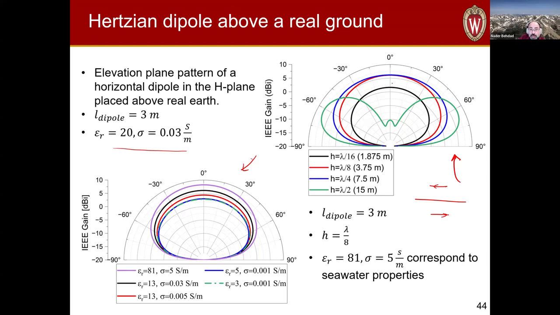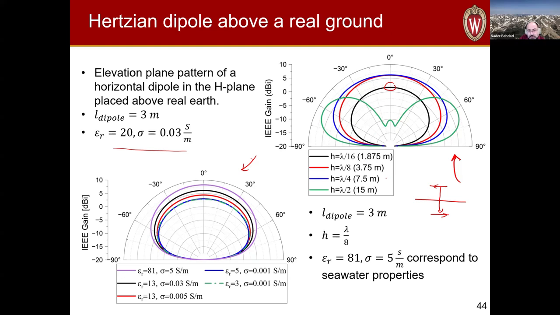This black curve shows a height of about 1/16 of a wavelength, approximately 1.9 meters above the ground. You can see that as I increase this, the gain increases, because 1/16 of a wavelength is not a very large separation between the antenna and the oppositely directed image current, so you don't get very efficient radiation.